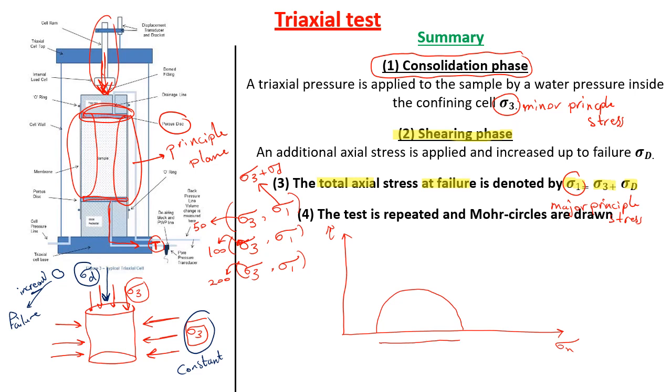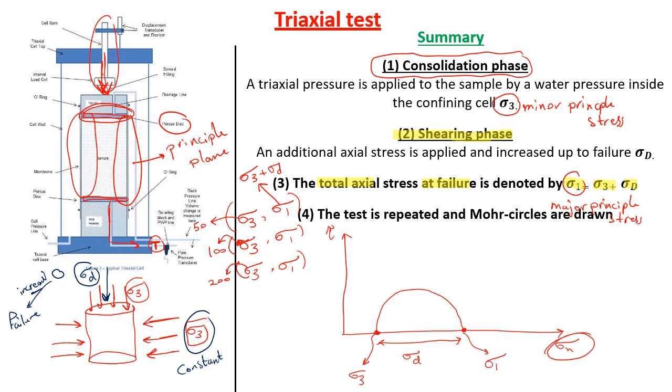Its diameter is equal to sigma d, or the deviatoric stress. This point is a normal stress, sigma n. So this point is sigma 3, the minor principal stress. This point is the major principal stress, sigma 1.